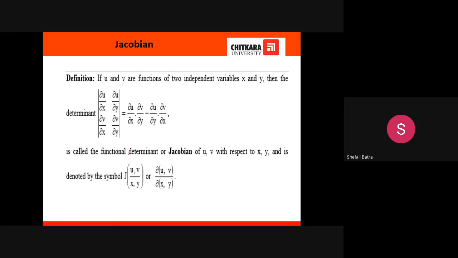Now come to the definition. If u and v are functions of two independent variables x and y, u is a function of x and y, and v is also a function of x and y, then the Jacobian of u, v with respect to x and y is represented by the symbol capital J of u comma v by x comma y, or partial derivative of u comma v by partial derivative of x and y.